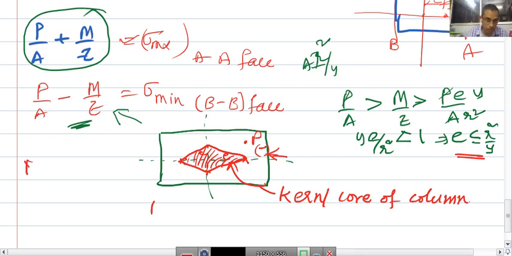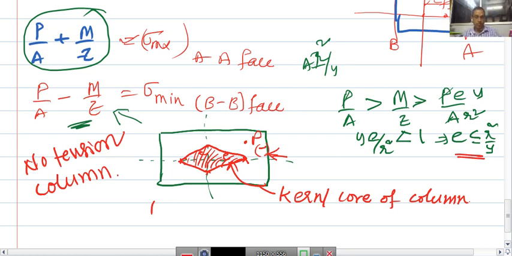So this we also call no tension column. I must see that the column does not have a tension. So that area within which I can place the point load P is called kern of a column.